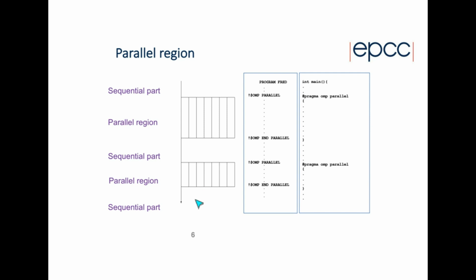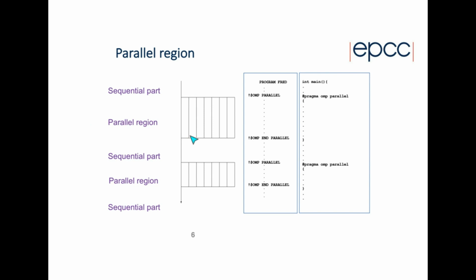So obviously, if we're looking for efficient parallel programs, then we want most of the execution time to be spent in the parallel parts and not in the sequential parts. And also, we don't want these parallel regions to be too short, because there is some overhead with starting up and shutting down and synchronizing the threads at the end of the parallel region. It's not massive.